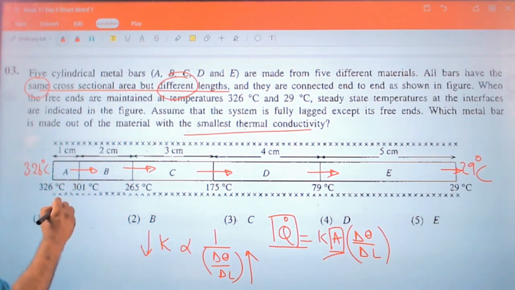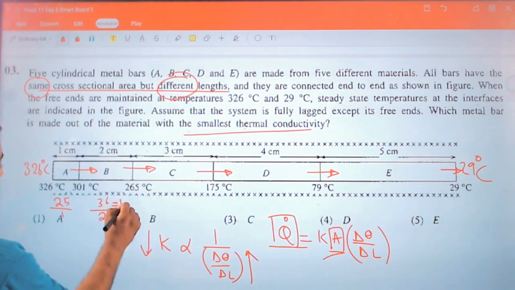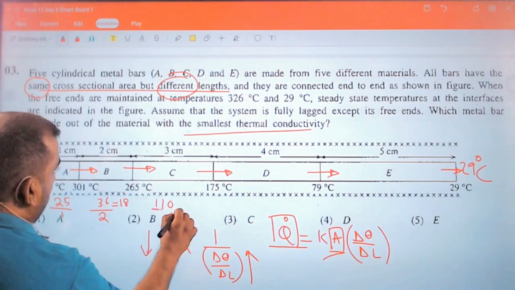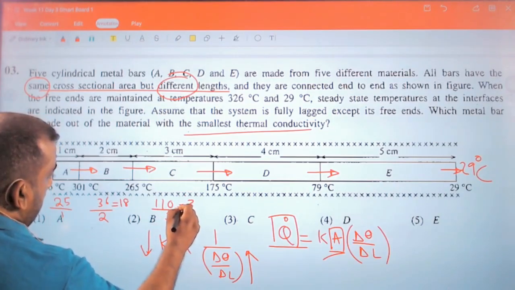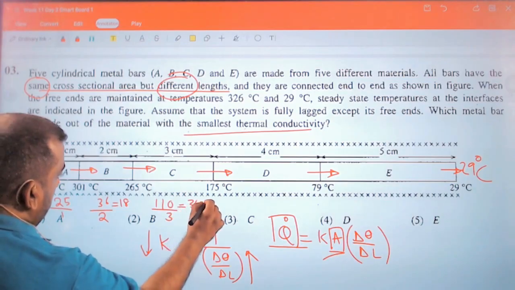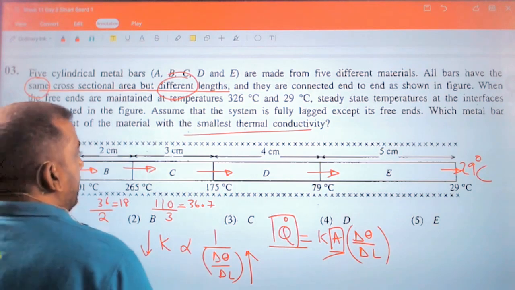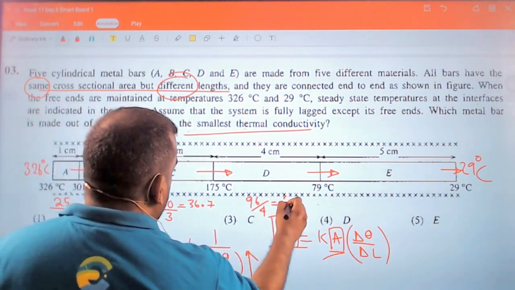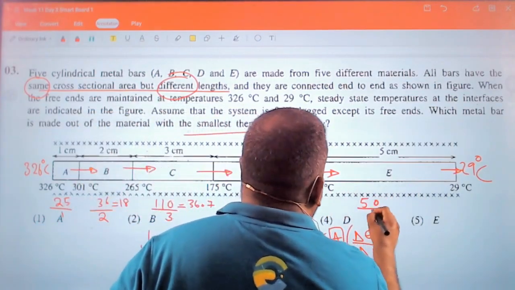Here if I take 25 divided by 1. Here 36 divided by 2, which is 80. Here 110 divided by 3, which is 36.7. Here 96 divided by 4, which is 24. Here 50 divided by 5 is 10.